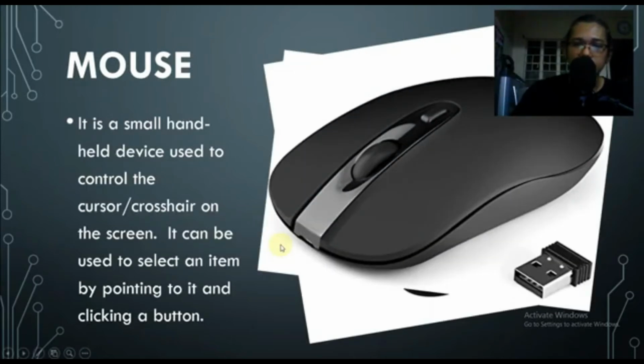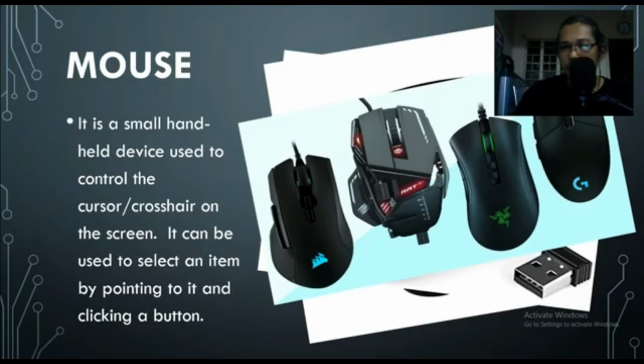Okay, this is another version of the mouse. It is a wireless mouse using either Bluetooth or what is called infrared. This is the gamer mouse, which is much higher defined. It uses a laser lens to detect movement.